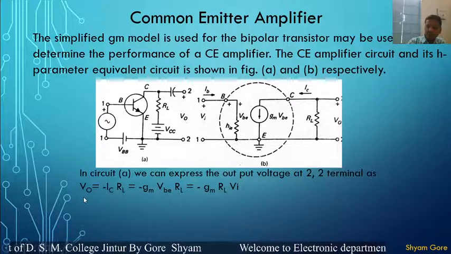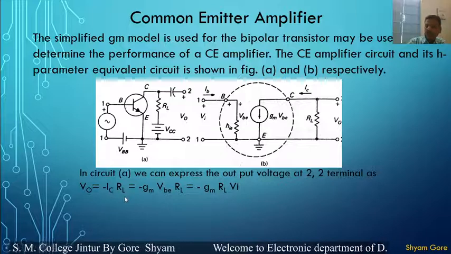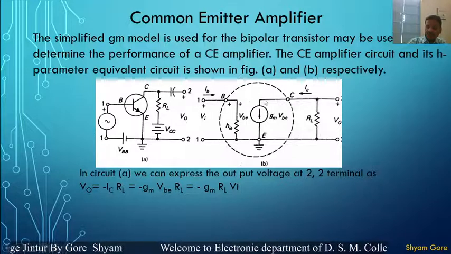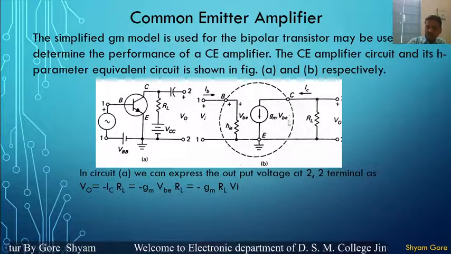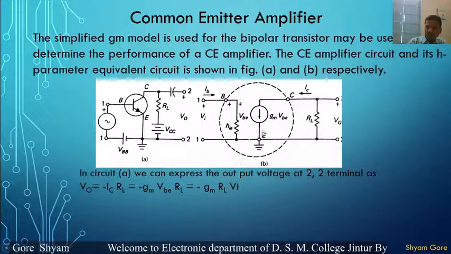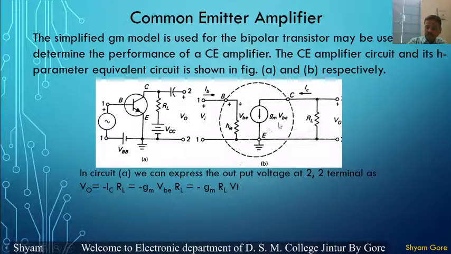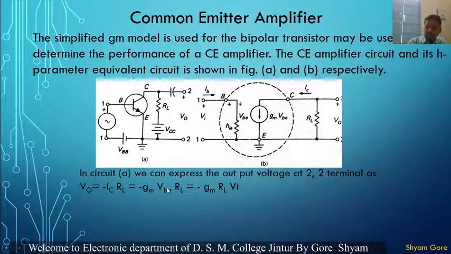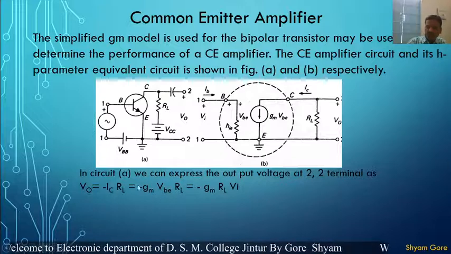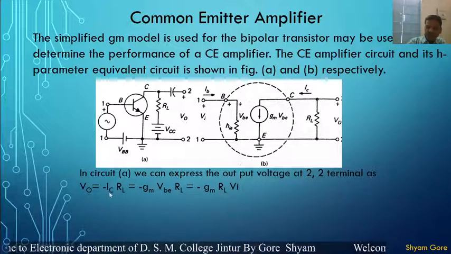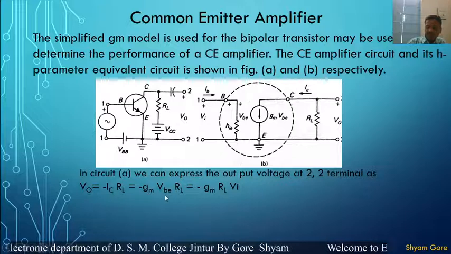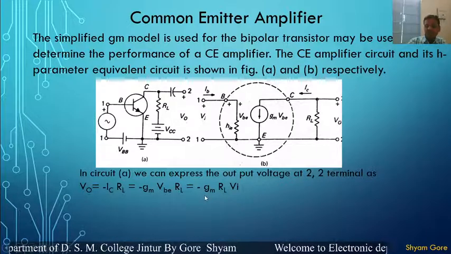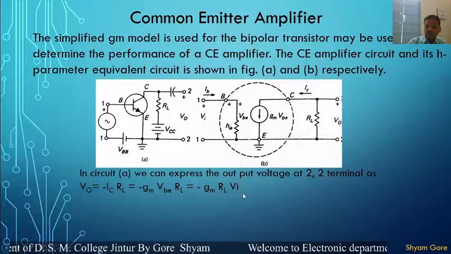So the output voltage VO is equal to minus IC into RL, and the collector current IC is equal to GM into VBE. When the current is flowing through this source, the value of this source is GM into VBE. Therefore, we substitute the value of IC, and instead of IC we write minus GM into VBE into RL, and this is equal to minus GM into RL into VI.